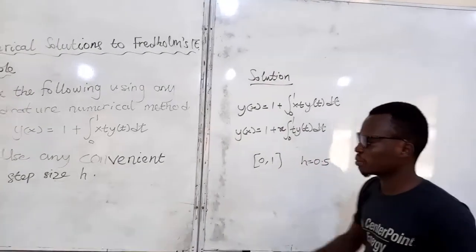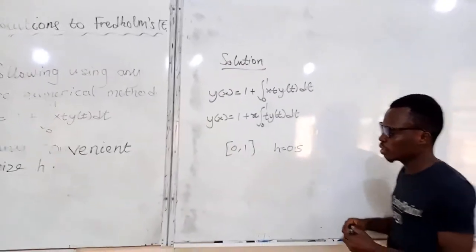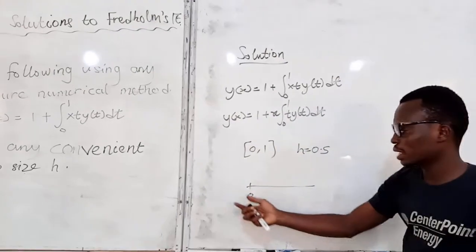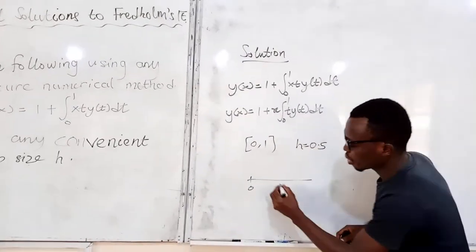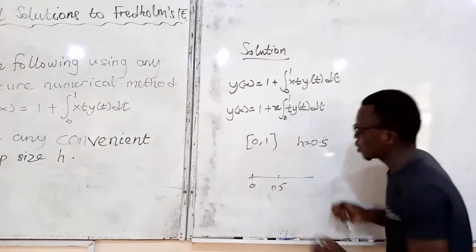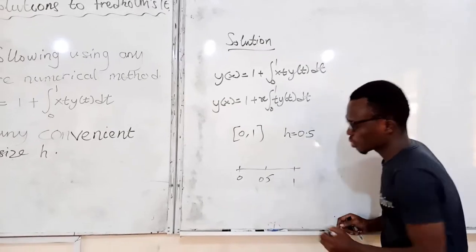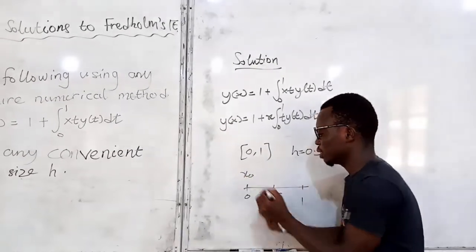The smaller the step size, the more accurate the solution becomes. So let's discretize this interval. We have 0 here, then 1. If you add 0.5 to 0, you get 0.5. Now 0.5 plus 0.5, you're going to get 1.